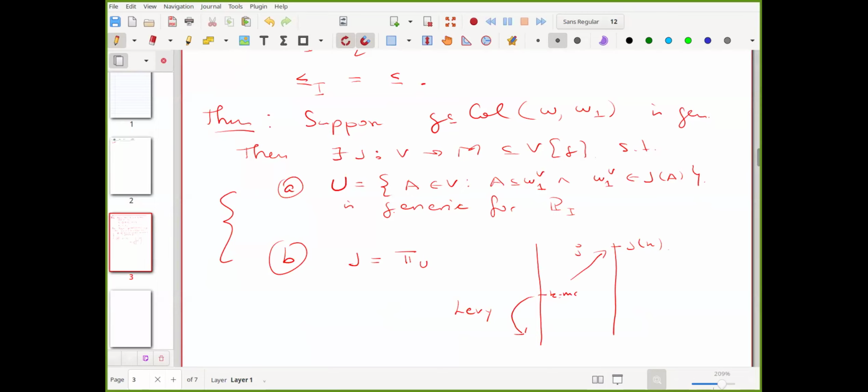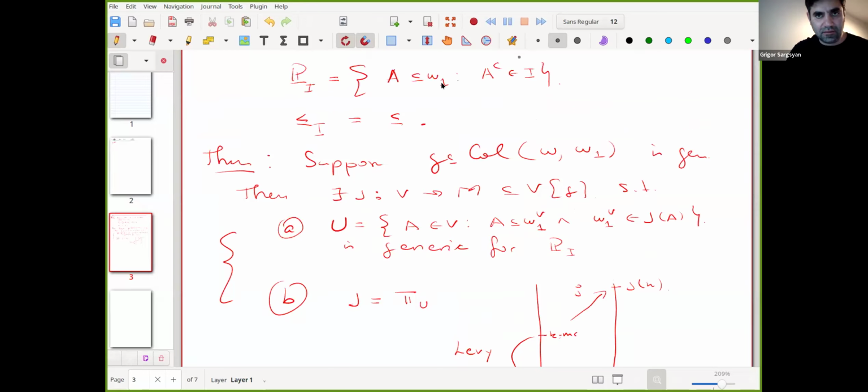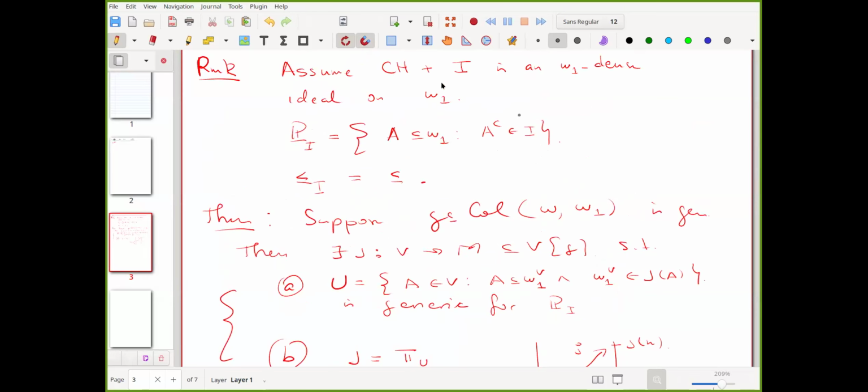I'm sorry, could you go back to the definition of P_I? P_I is just the positive sets. Yeah, but it's not what it writes. It's not the set of A such that A is not in I. Yes, A is not in I. And the relation is in the other direction, depending on which school of forcing convention you come from.